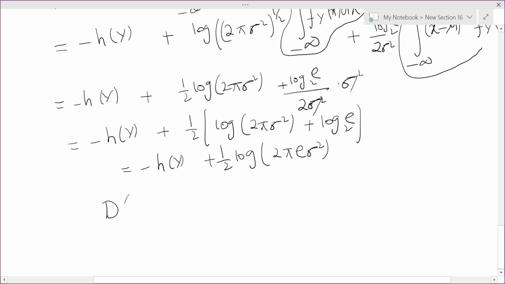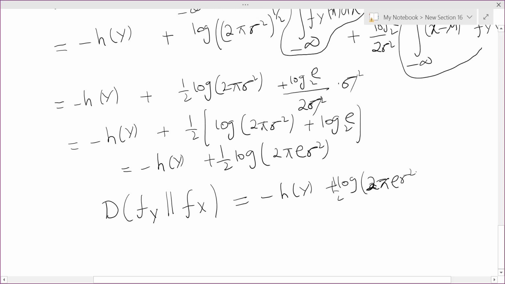Now this is the value of relative entropy between fx and fy, where fx and fy are two distributions of a random variable. They have the same variance, same mean, but fx is Gaussian, fy is unknown. That is minus h of y plus half log 2 pi e sigma square, and this we know is greater than or equal to 0 because relative entropy is greater than or equal to 0.